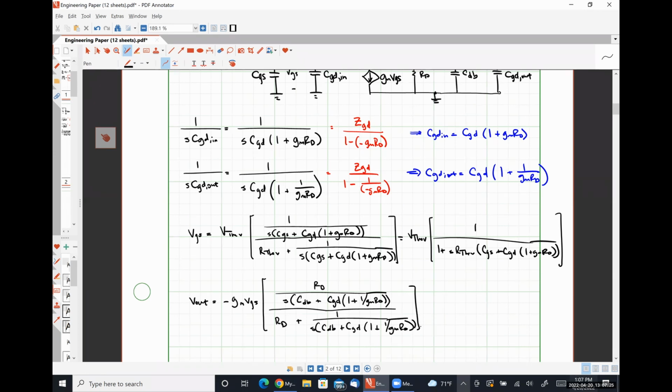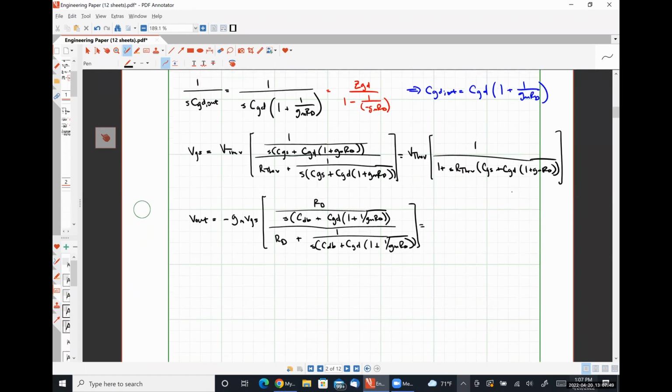And I can multiply through by this bit over this bit again, the S CDB plus CGD, blah, blah, blah, over that same thing to clear out my fractions within fractions.